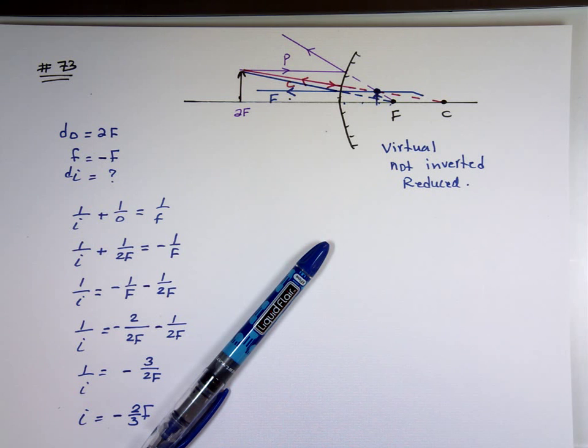I don't know where the fraction is, so I'll make it negative 2f divided by 3. Maybe that will make that a fraction for me. Oh, it does. Express the answer in terms of f.